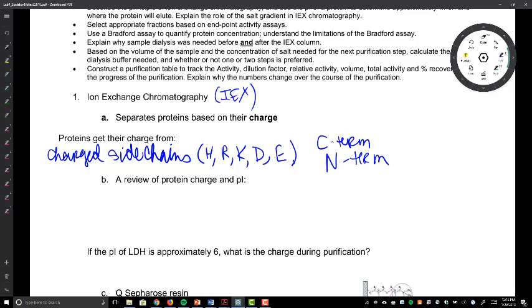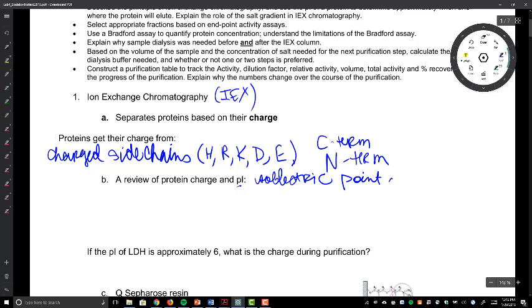And the piece of information that summarizes this knowledge is the PI, or the isoelectric point. The isoelectric point is simply where the net charge of a protein equals 0.